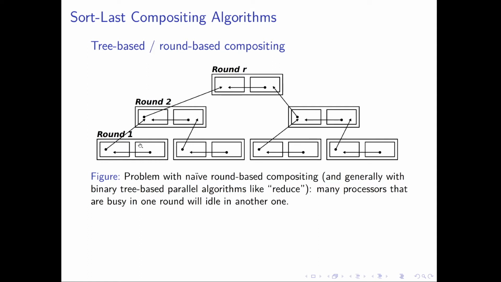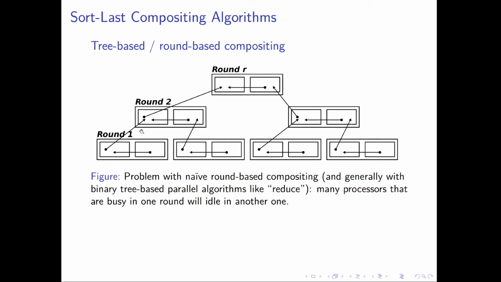We now have a pattern where we send whole intermediate images. This is actually not so bad because we're sending those only in pairs. We only have pairs of processors that send each other intermediate images, and we don't have that problem with contention, where a bunch of processors send their image to one processor.